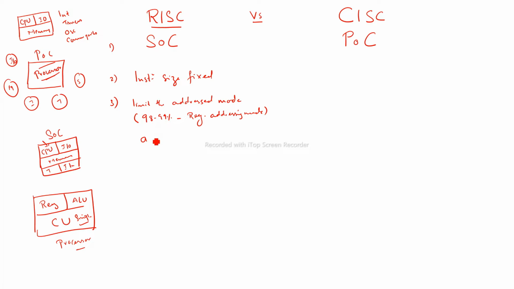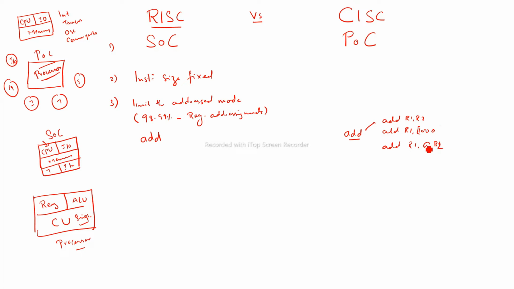Here we have an add instruction, and in the complex instruction set we also have an add instruction, but this add instruction supports various addressing modes. You can add the content of a register, or the content of a register and a memory location, or use direct memory addressing mode, or add the content of the memory location whose address is pointed to by another register R2.